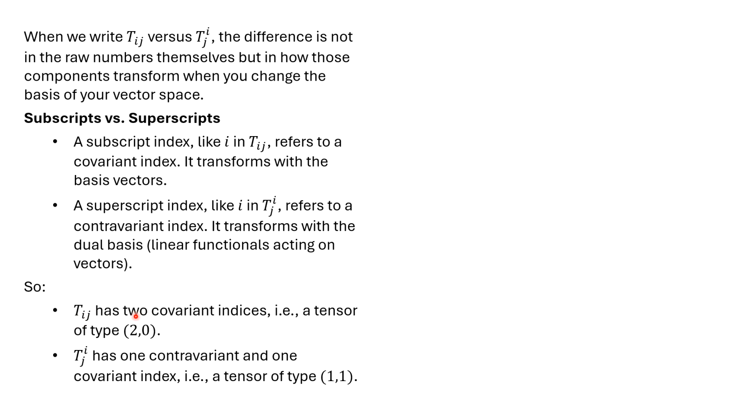Yeah, so as I mentioned here, T sub ij has two covariant indices, a tensor of type 2,0, so two instances of the vector space and no instances of the dual. And then this here would represent one instance of the vector space and one instance of the dual in the mapping the tensor does from the domain to the codomain, which is just the real numbers.